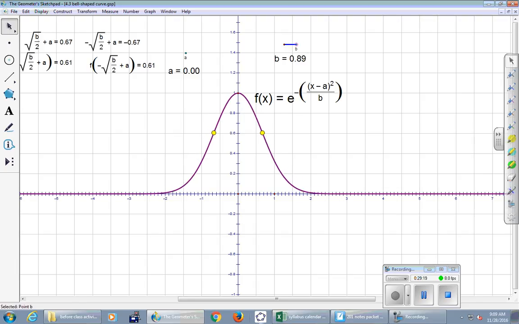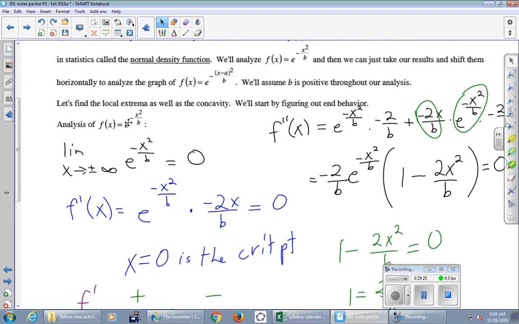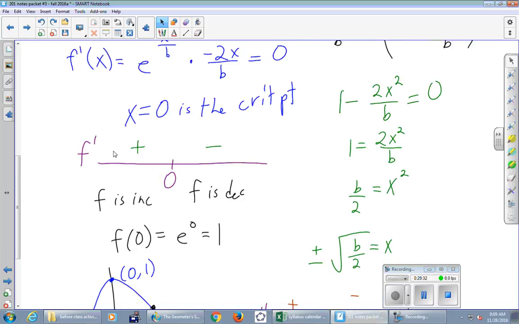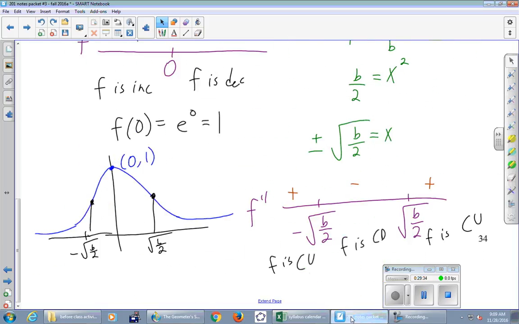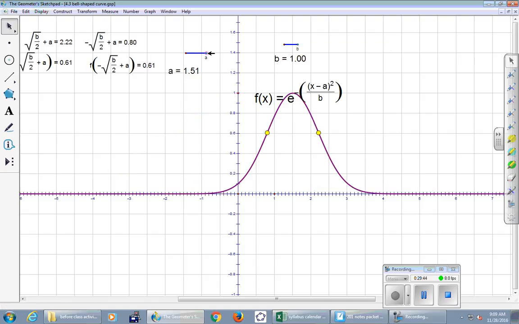But if we plugged root b over 2 into the original function way back here, we would discover that it has no b's in it at all. It's just the same number all the time. So it doesn't matter what b is, the inflection points stay exactly at the same height. That's kind of cool. And then the only other thing was that we could take a and shift this guy left and right. We ignored that part of the analysis, but that's what it looks like.